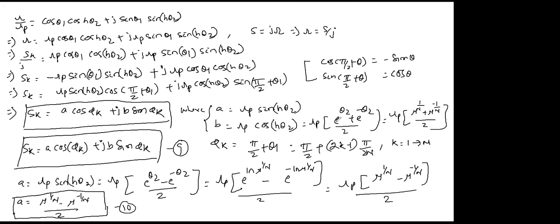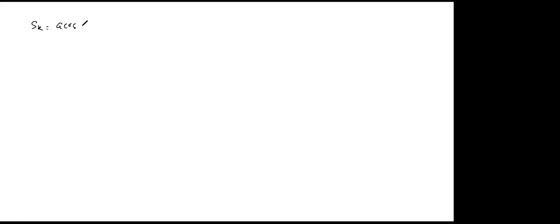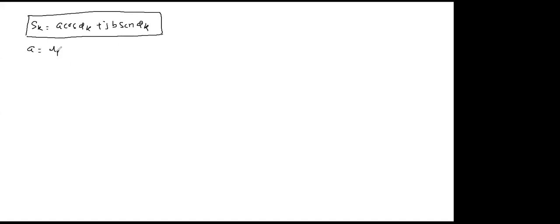Everything is known to us, that is, Sk is known to us. Sk is a cos phi k plus j b sin phi k. Sk means the poles of the Chebyshev filter, where a is omega p times (mu to the power 1 by n minus mu to the power minus 1 by n) by 2, and b is omega p times (mu to the power 1 by n plus mu to the power minus 1 by n) by 2.